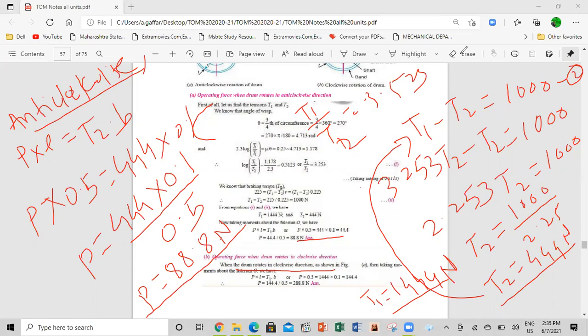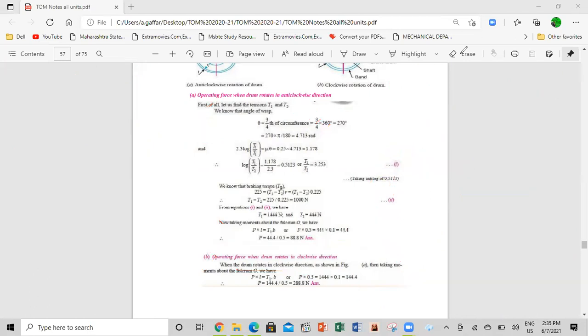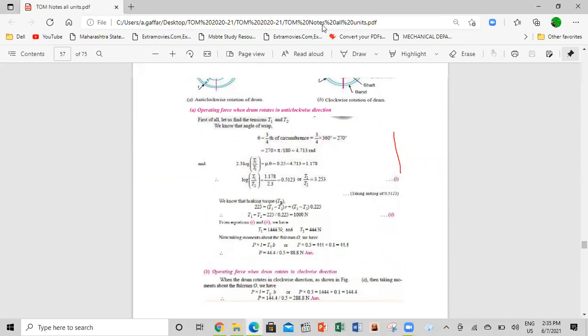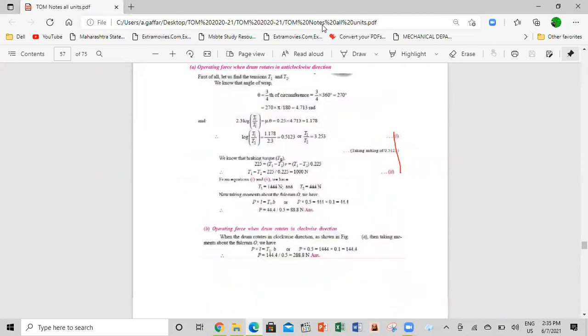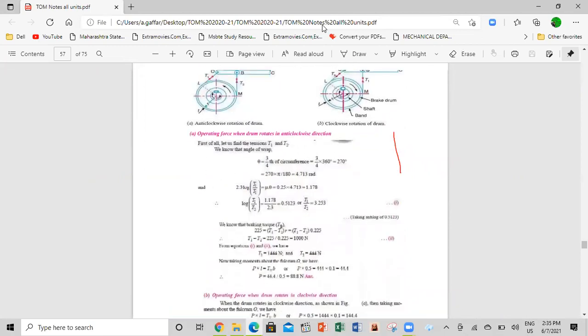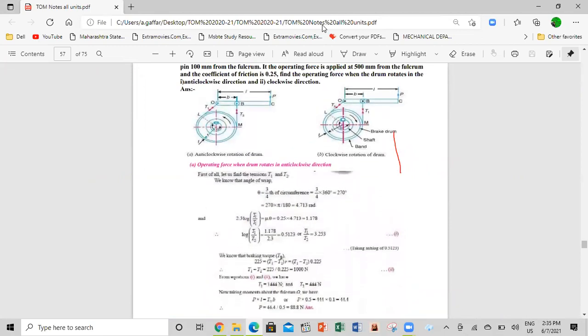Similarly, find out for the clockwise direction.